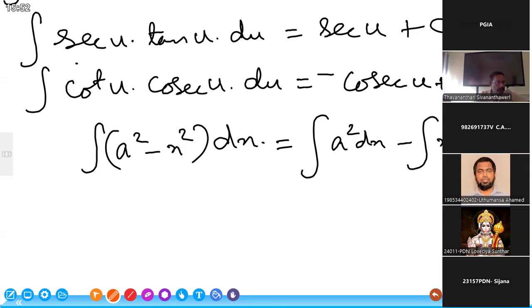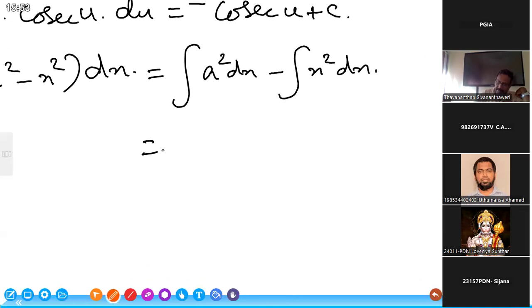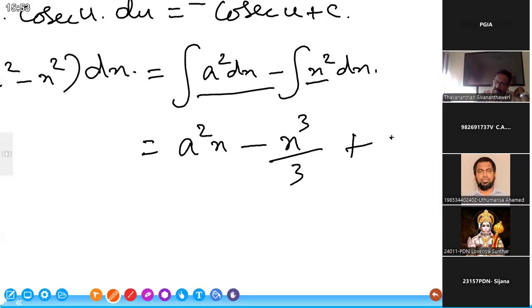A squared x minus x cubed by 3. Yeah, this we could say. If you integrate that, this becomes a square x, minus x to the power 3 by 3 plus c.